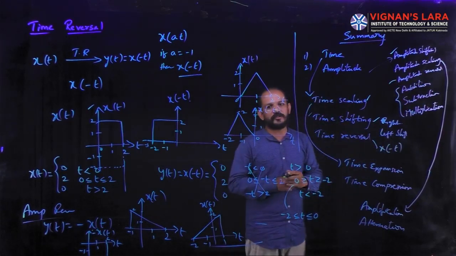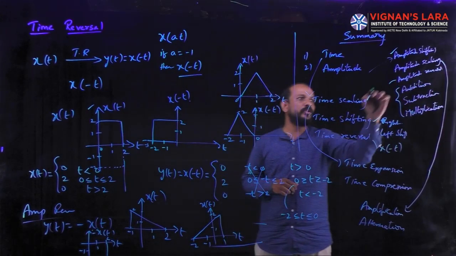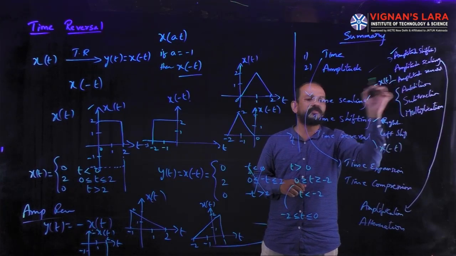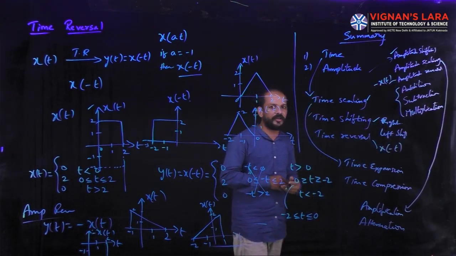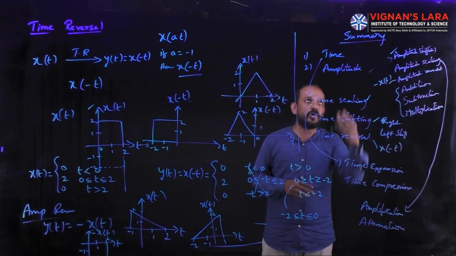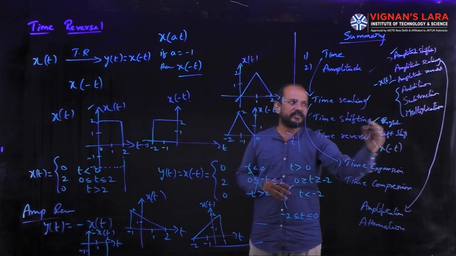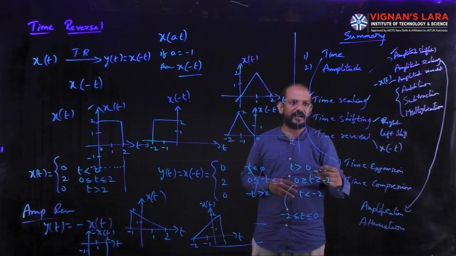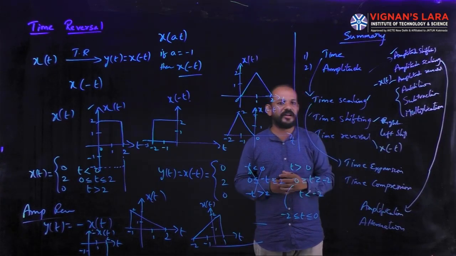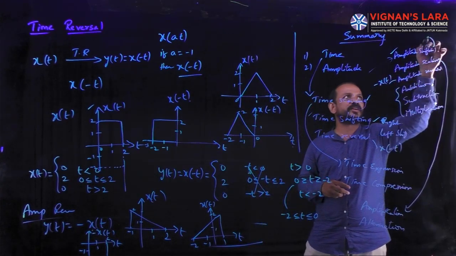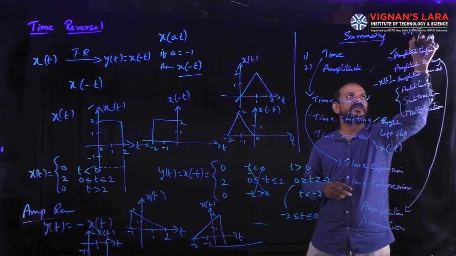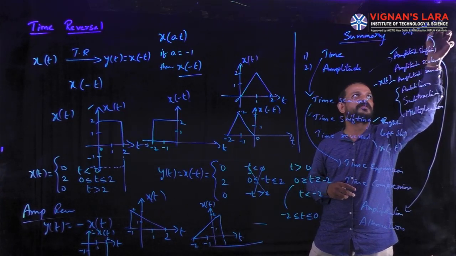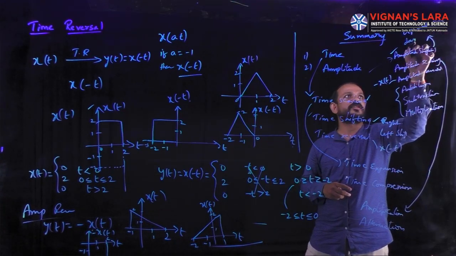The amplitude reversal of a signal x of t will be equal to minus x of t. So this is about operations on signals. First addition, subtraction, multiplication, then time shifting, right shift and left shift, then amplitude shifting, upward shift, downward shift.